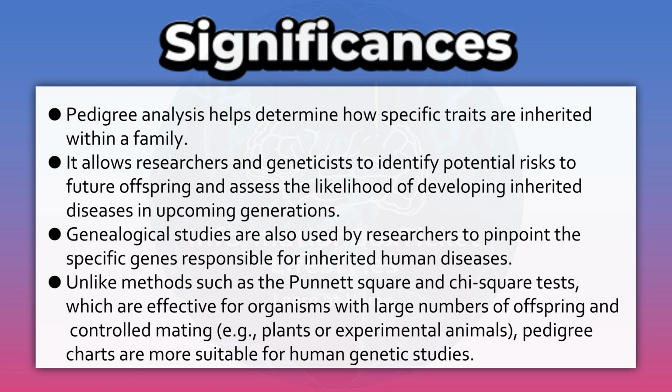Unlike methods such as the Punnett square and chi-square tests, which are effective for organisms with large numbers of offspring and controlled mating, e.g., plants or experimental animals, pedigree charts are more suitable for human genetic studies.